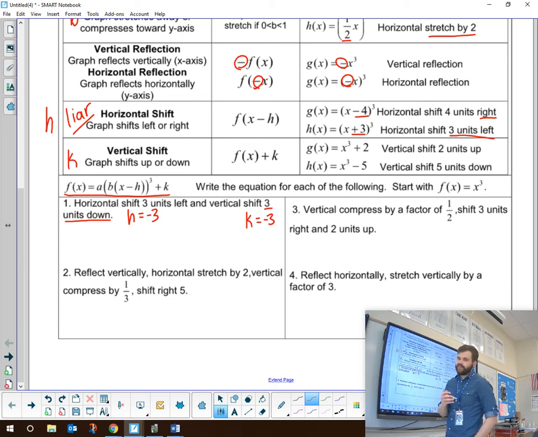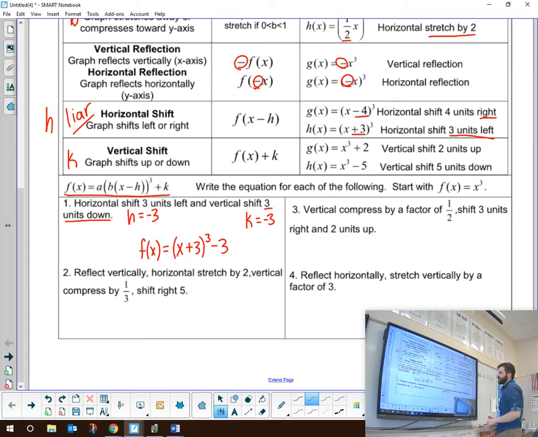You can write it with f of x, you can write it with a y, whatever, but I'm going to write f of x equals, there's no a, there's no b that we're talking about, so it's just 1. Then we're just going to have x plus 3 cubed minus 3. Notice, whenever I plug my h into my equation, it changes from a -3 to a +3 because it's backwards. Whenever it's inside, it's opposite. It's a liar.